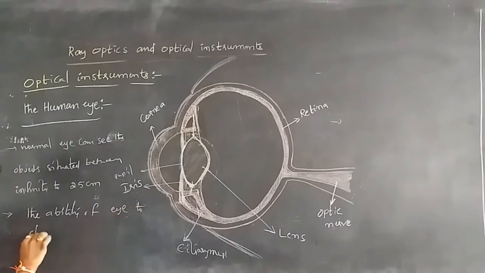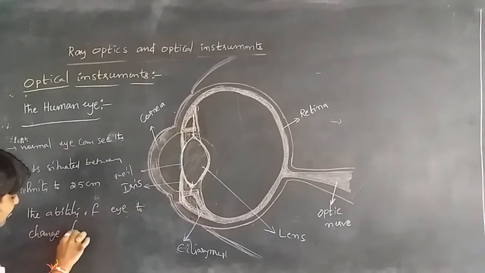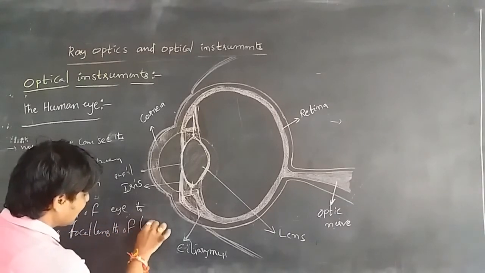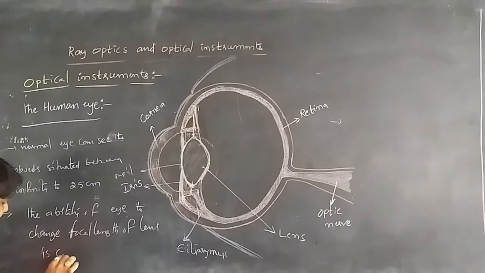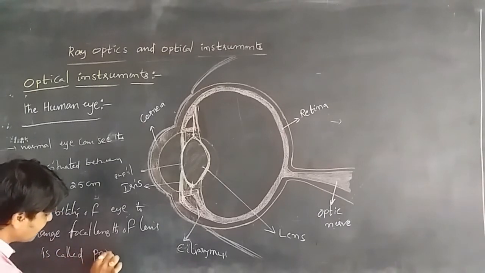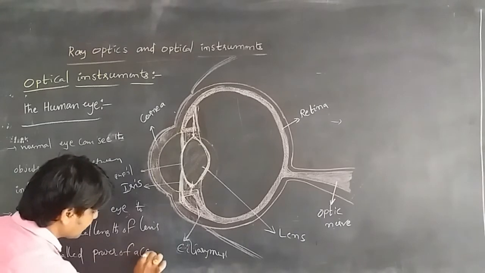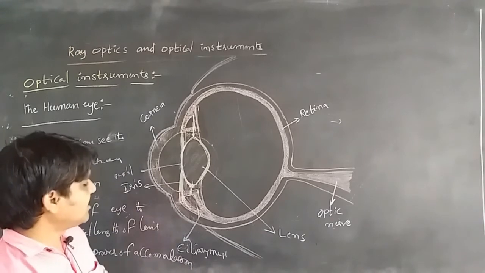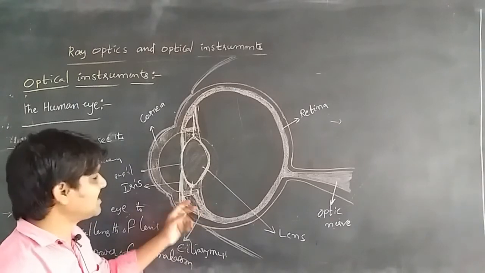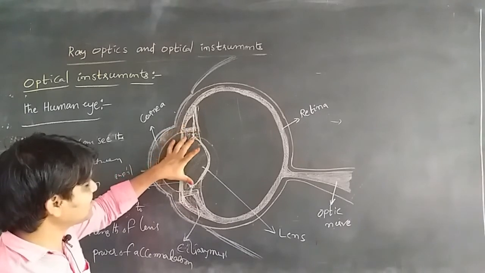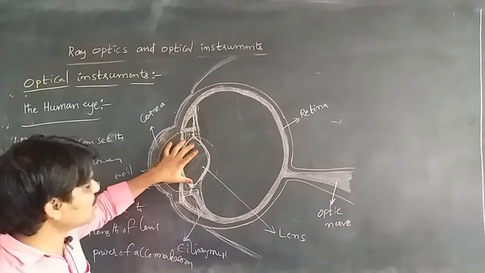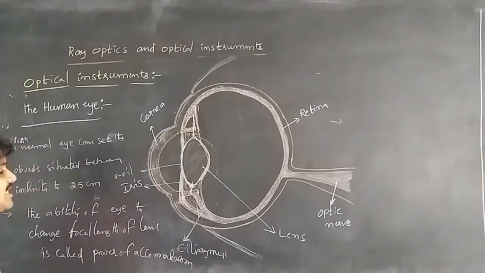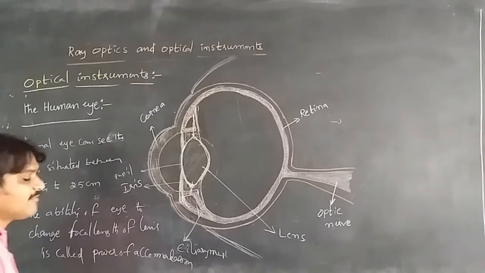When the ciliary muscles tense, the lens becomes almost spherical. That change of focal length is called the power of accommodation.